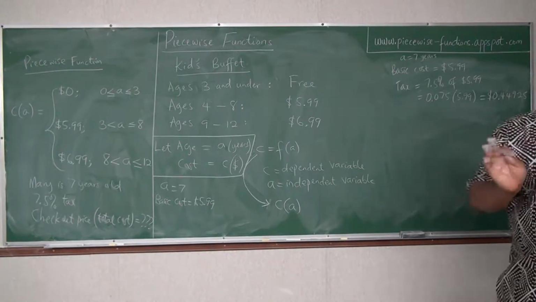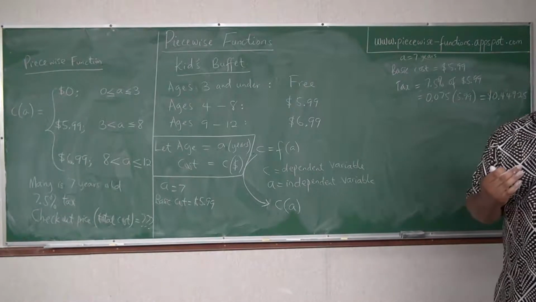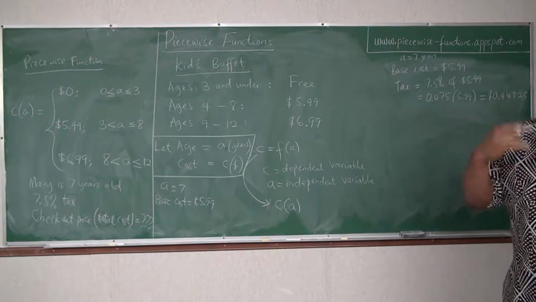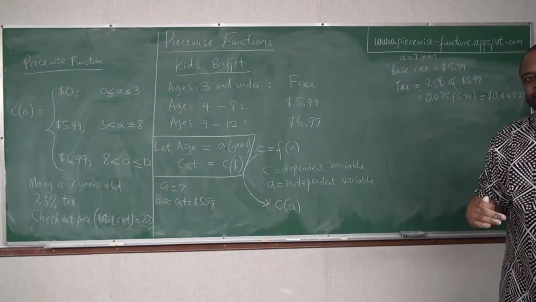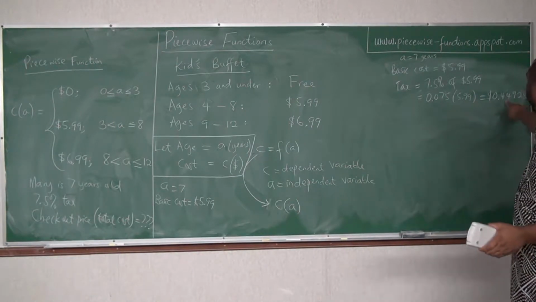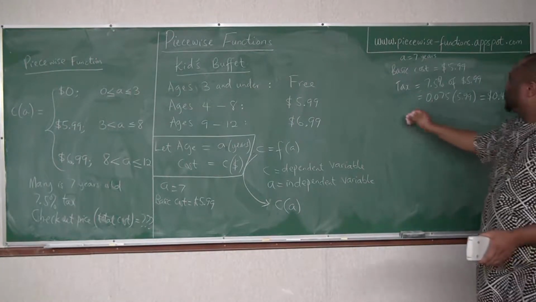Please do not round until the final answer. When you are dealing with money, unless you're asked to, do not round intermediate calculations. Please, if you are not asked to round, do not come here and round to 45 cents. No, do not.